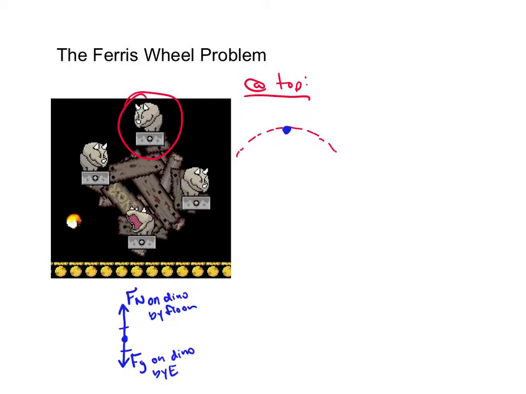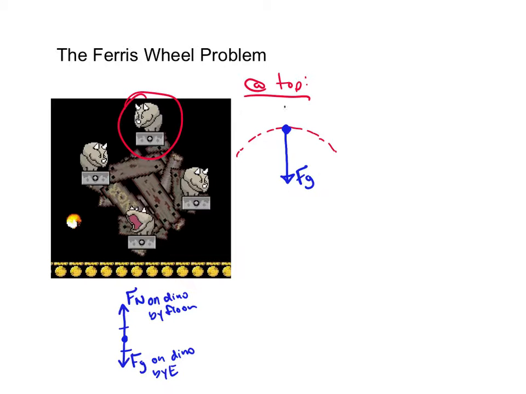Now, in this case, for the top dinosaur, we've got a force of gravity that points downwards. And it's also got a normal force because it's sitting on that platform. So we have to be careful with how we draw this. Because it's accelerating, we have to make sure that the forces are unbalanced. And in order for it to have circular motion, the one that points towards the center has to be longer.